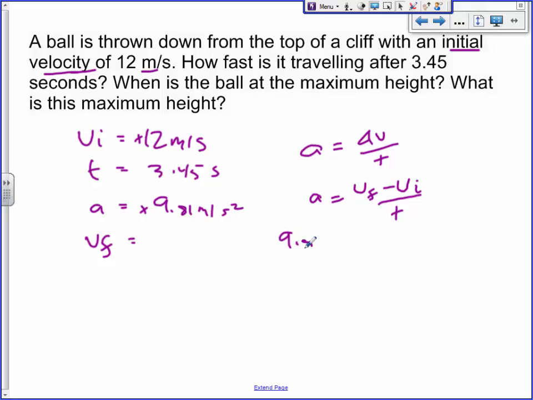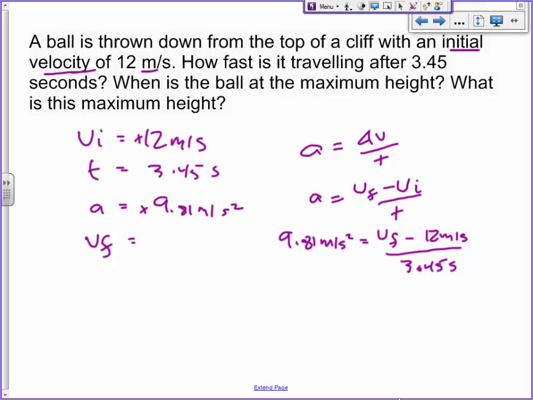Alright, so our acceleration, 9.81 meters per second squared. My velocity final is what we're looking for. Our velocity initial was 12. And our time was the 3.45. Algebraically, how do you get velocity final by itself?